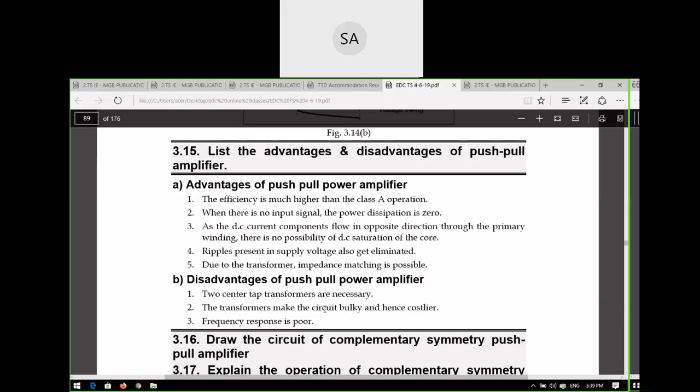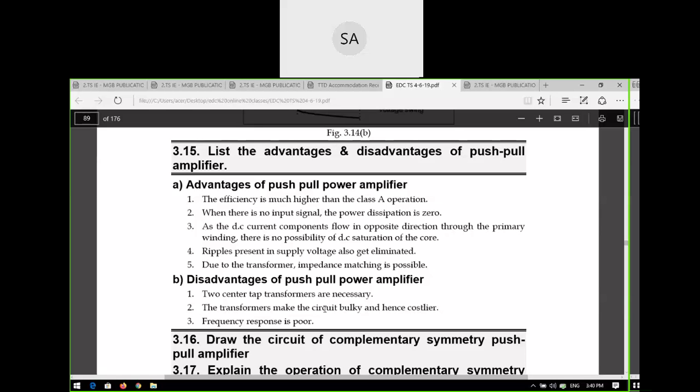Because of the opposite polarity of the components V1 and V2, there is no saturation in the core of the transformer, as they cancel each other, and ripples present in the supply voltage also get eliminated.